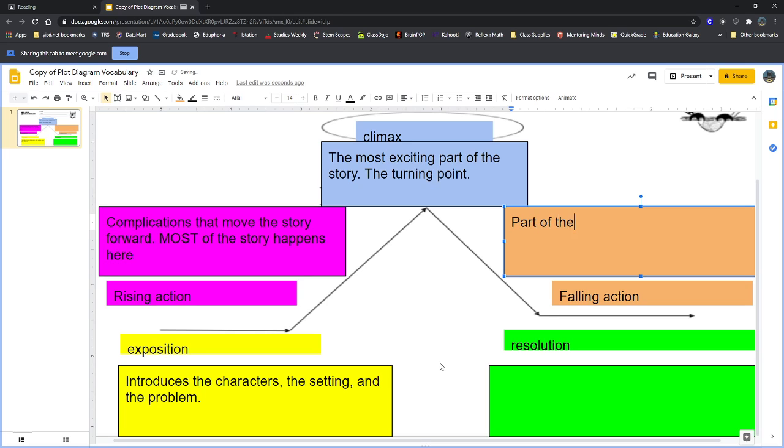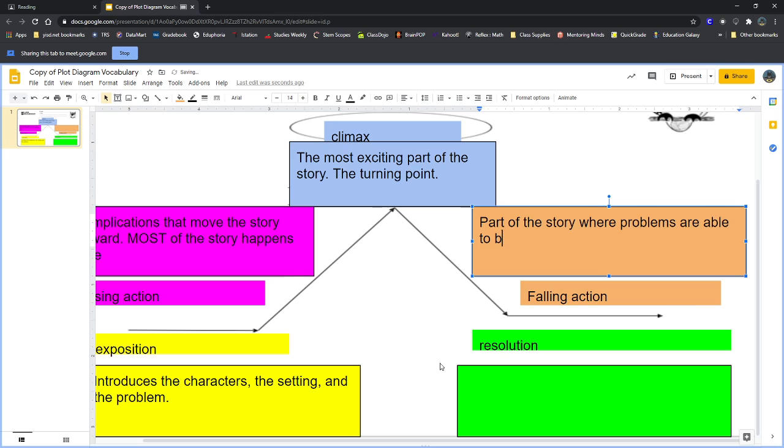It's the part of the story where problems are able to be fixed. So it doesn't mean they're fixed yet, but now you're able to. Something happened in the climax, and now you're able to actually start to fix these problems, whatever it was.